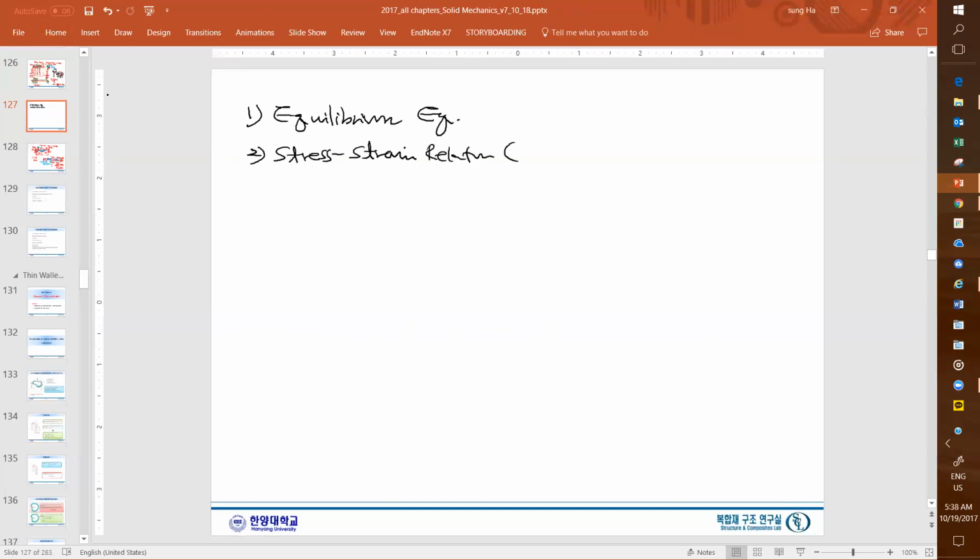In this case, it will be a slightly different form. The stress will be a torque or a force, and strain will be deformation. Again, this force will be torque, torsion, and deformation will be angle of rotation.